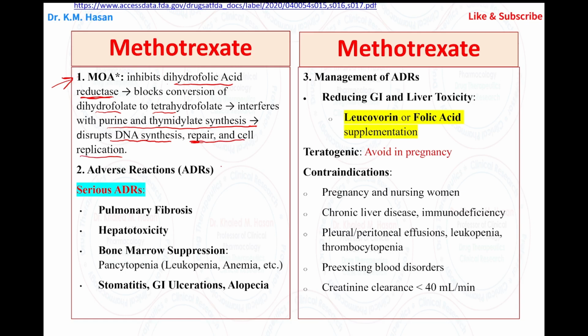So methotrexate works as an anti-cancer drug. At the same time, it has an anti-inflammatory effect and an immune suppression effect.